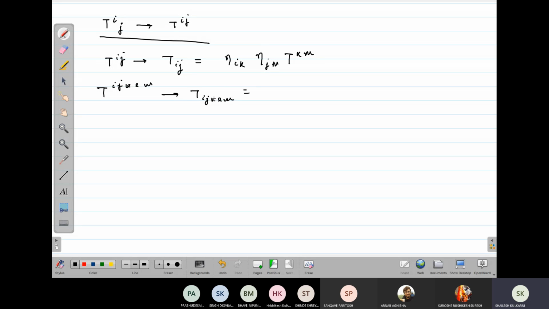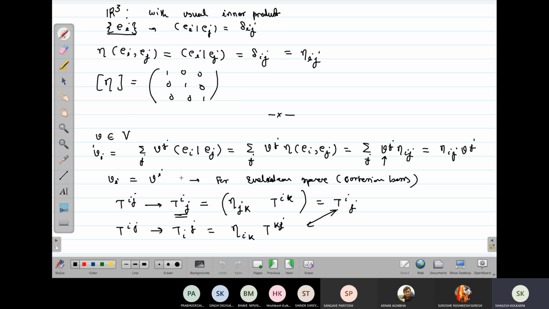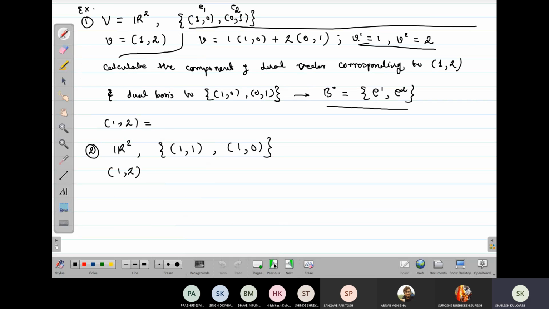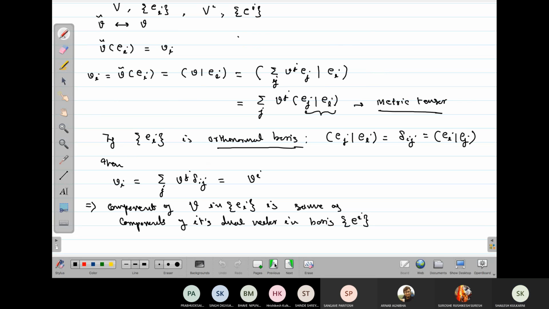But I cannot go from here to here unless I define the inverse of this operation. Inverse of what? Let me go back.